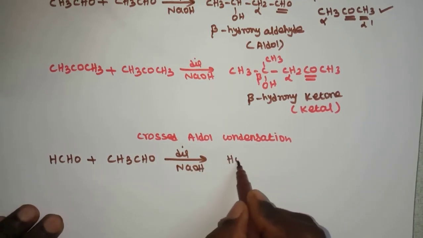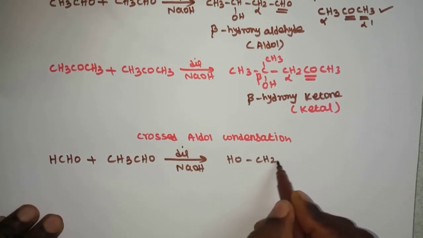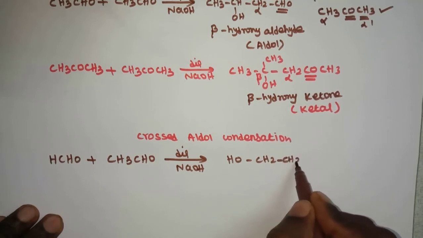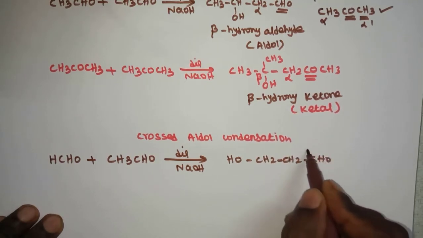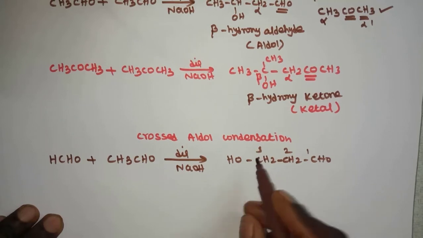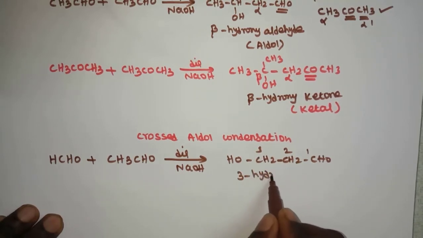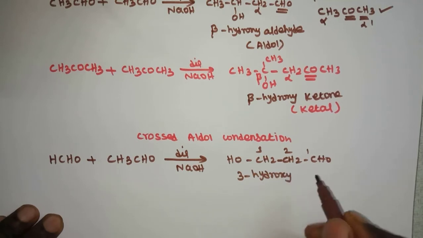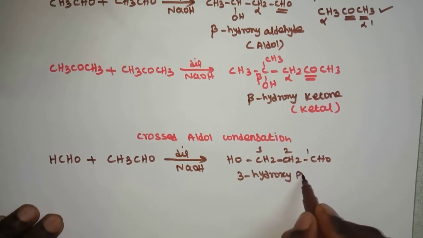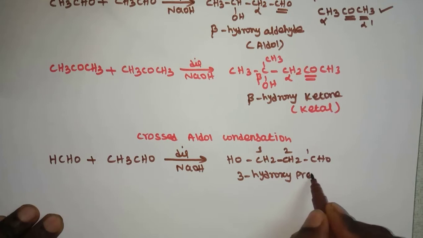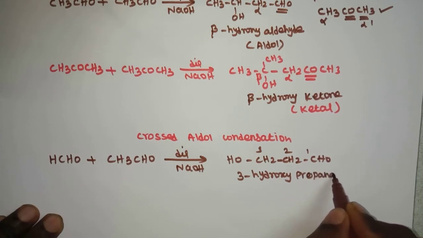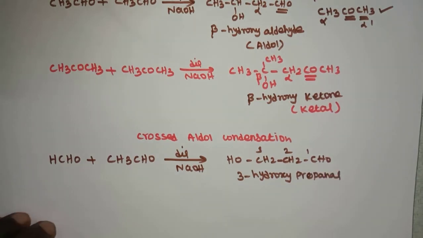3-hydroxypropanal, HOCH2CH2CHO. Numbering 1, 2, 3, the third carbon has the hydroxy group, so 3-hydroxy. Three carbons are present, so propanal. Another example, formaldehyde reacts with acetone.